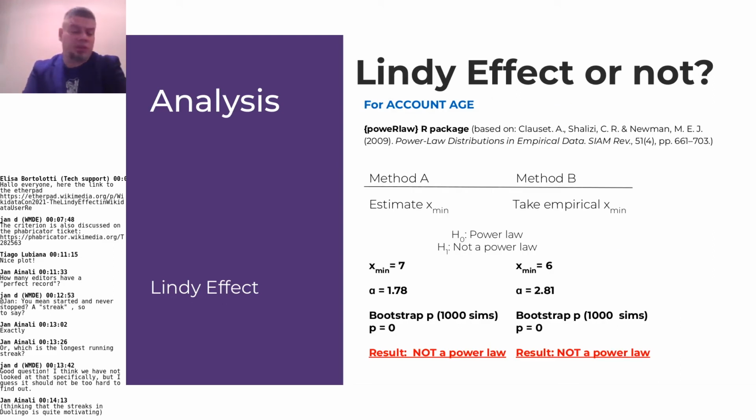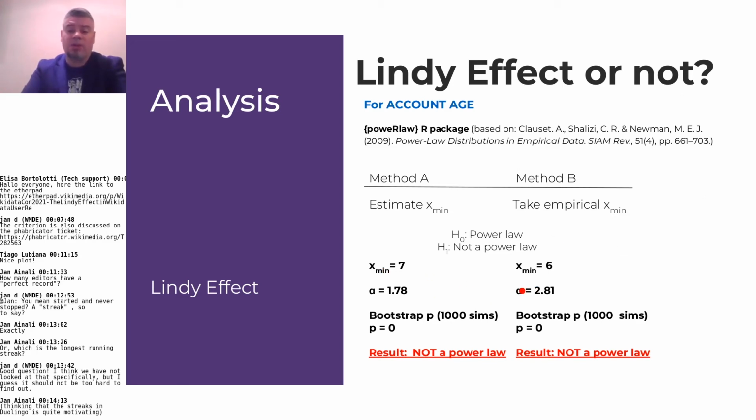And just recently, in the previous 10 or 15 years, efficient methods for maximum likelihood estimation of power laws were developed. We use the poweRlaw package from the programming language R, of course, which we typically use in Wikidata Analytics at Wikimedia Deutschland, and we use two quite different approaches to test whether the account ages follow the Pareto distribution, whether they are distributed as a power law.